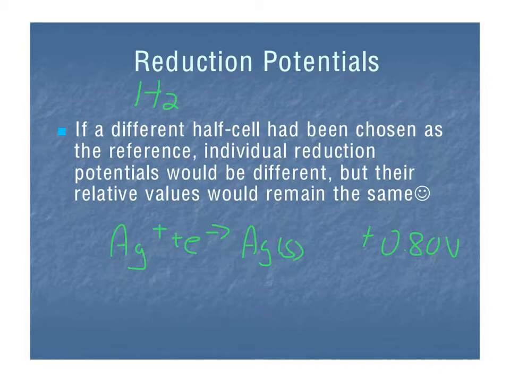If scientists had used this as the standard potential, so let's say E is 0, then the potential of the hydrogen half cell would now be negative 0.80 volts, because every value in the cell potential data table would have to be changed by 0.8 volts.